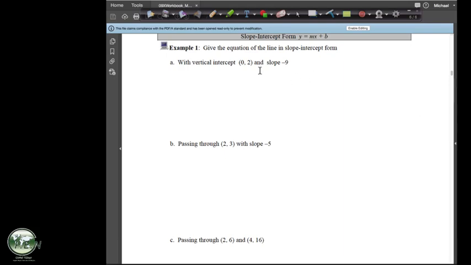Okay, so what does the equation of a line look like? All right, that's it. That's what we're talking about. Whenever they ask you to give the equation of a line, they're looking for y equals mx plus b. Except in 11, they'll change the form on us. But by the time we get there, we'll see this, and then we'll see how we can change it to another form.